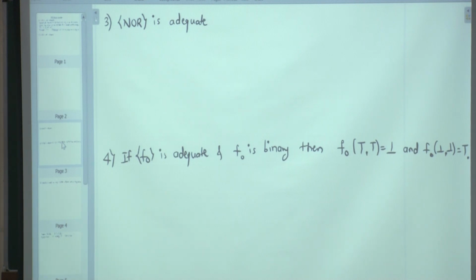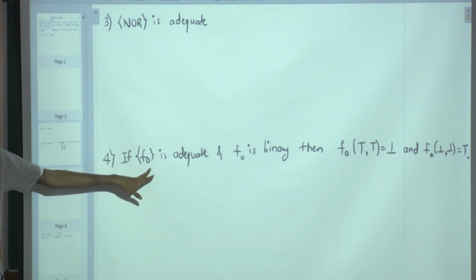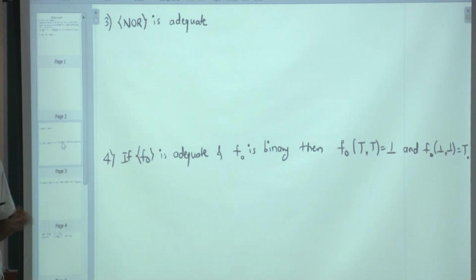Exactly. Use the same argument that we used for implication. If F0 of true is equal to true, then any formula constructed only using F0 will have the first row always true. So you can never express negation.